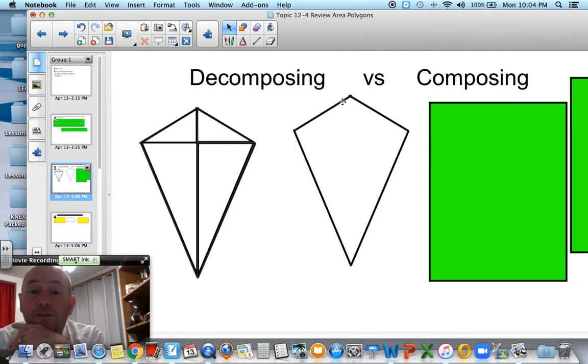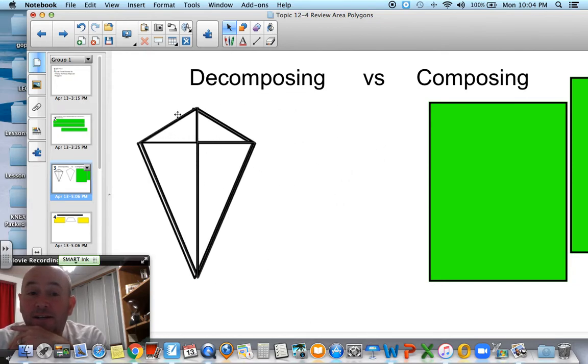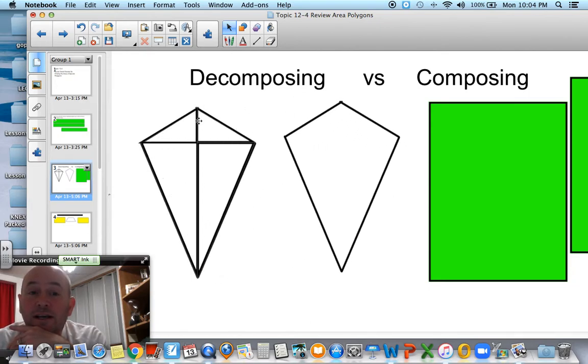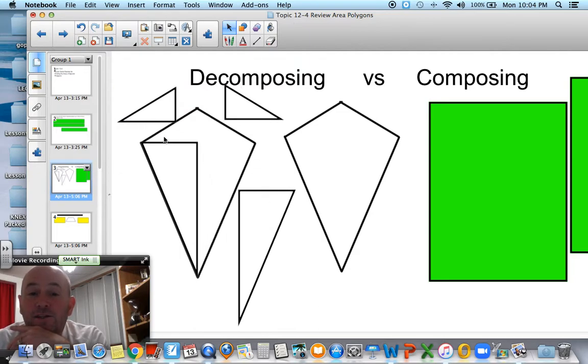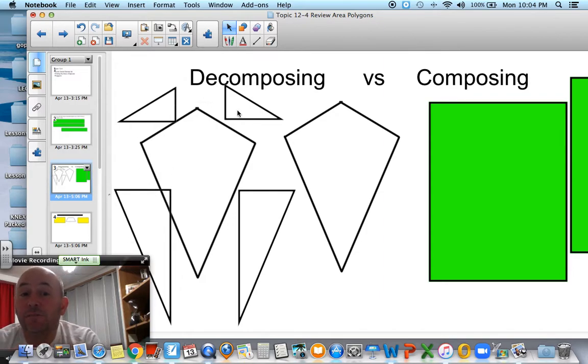So in other words, this kite has been decomposed into a couple other shapes. Been decomposed into 2 smaller triangles and 2 larger triangles, okay? So it's been decomposed into 4 individual triangles. And then what you could do is find the area of each one of those triangles, okay?